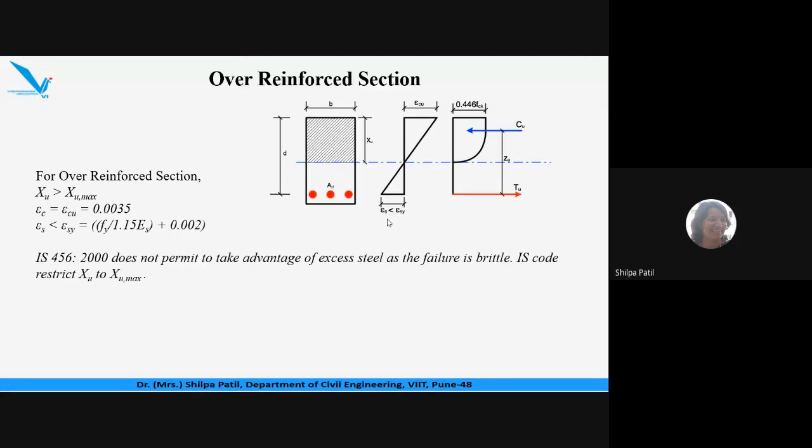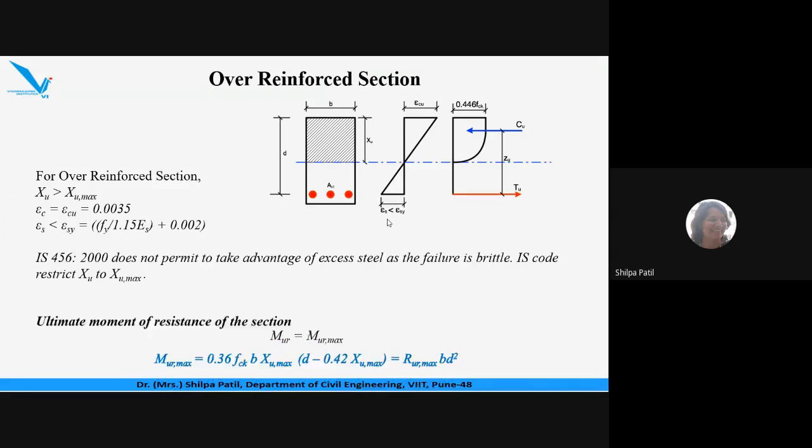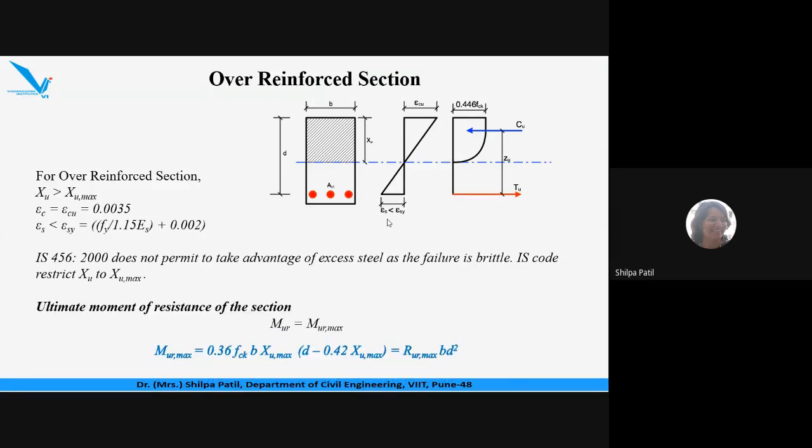the mode of the failure is brittle, and to avoid that, IS 456-2000 limits the value of XU to XU max. So for calculation of ultimate moment of resistance, we have to consider XU max in the calculation and not XU for over reinforced section.